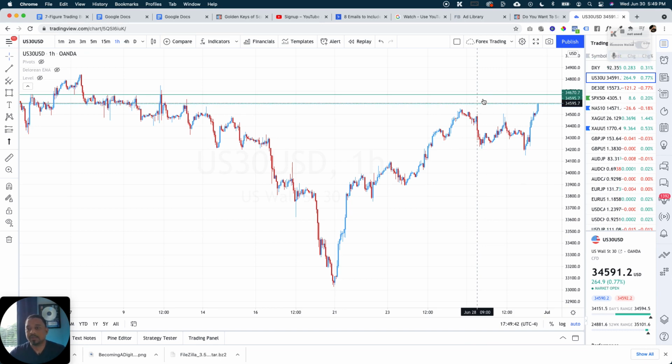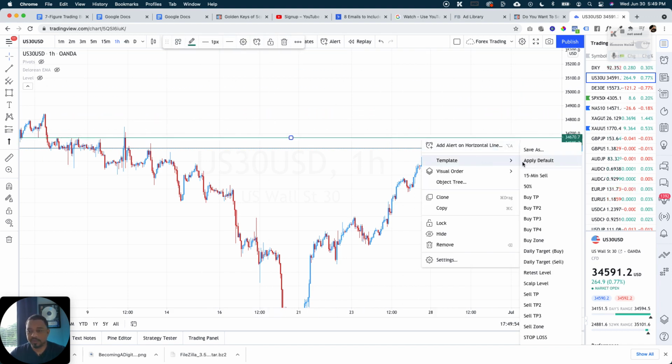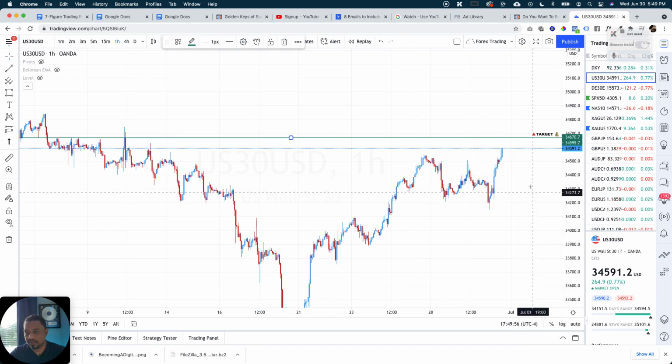Here's my breakout. So US 30 breaks out of this area, which it looks like it will, and this will be a potential target.